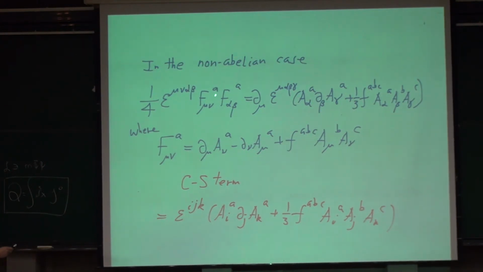And the anomalous piece turns out to be also a total divergence, also d of something, and that something defines the so-called non-abelian Chern-Simons term, and it is something like this. I show this because you can often read such terms in literature on topological insulators.